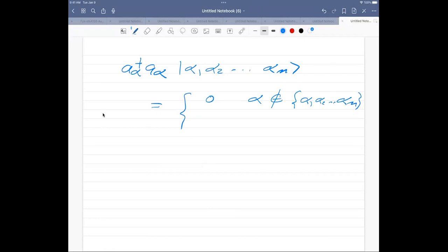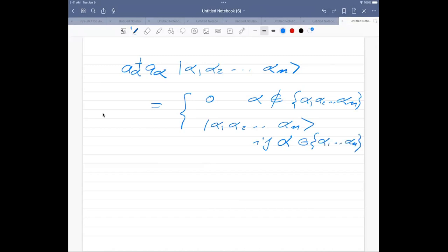And then if it is contained in the state, then if we take it away, it's going to give us a state, so we can just rewrite this as alpha 1, alpha 2 up to alpha n, if alpha is contained in this set of states alpha 1 to alpha n.